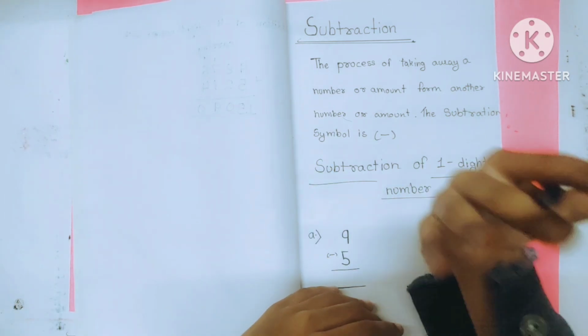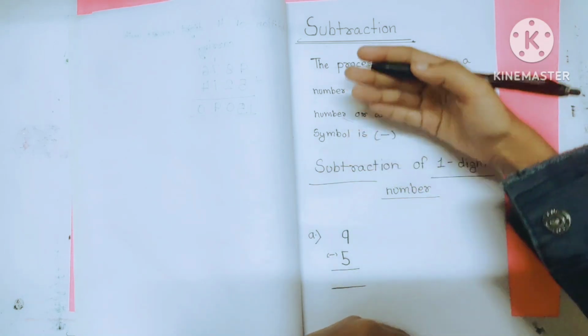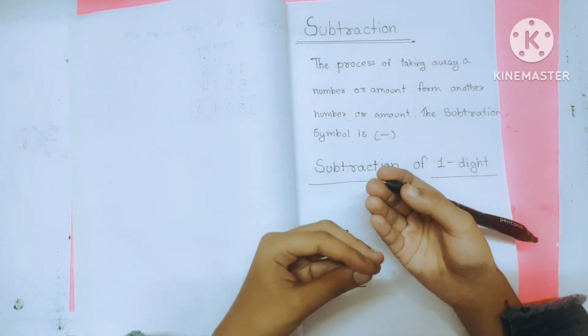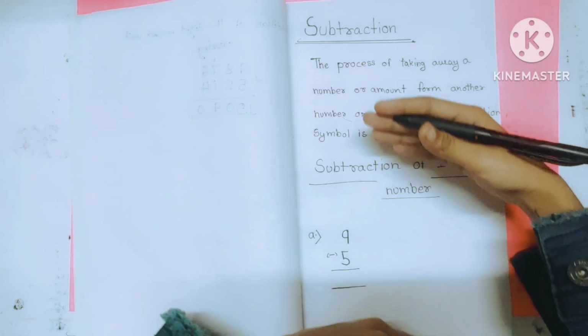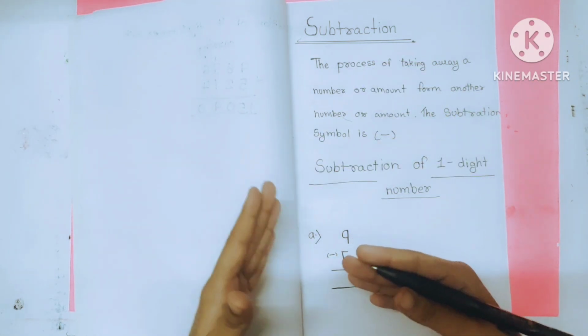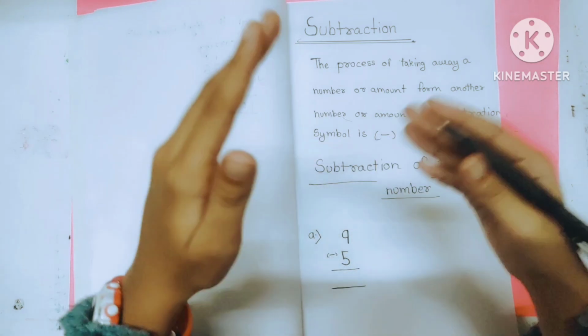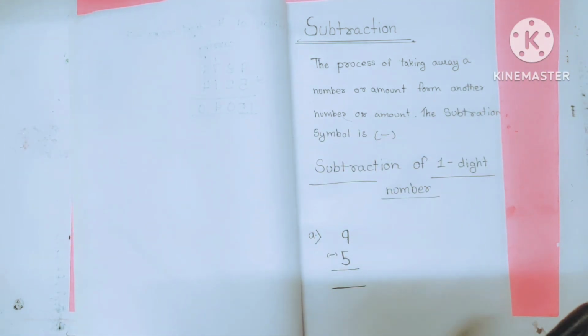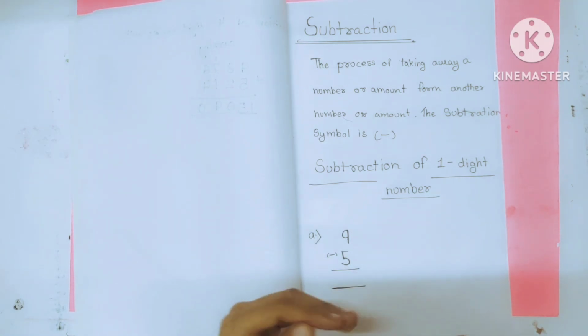If we take a big number and we want to reduce it, when we reduce it, that is known as subtraction. The process of taking away a number or amount from another number or amount is called subtraction.